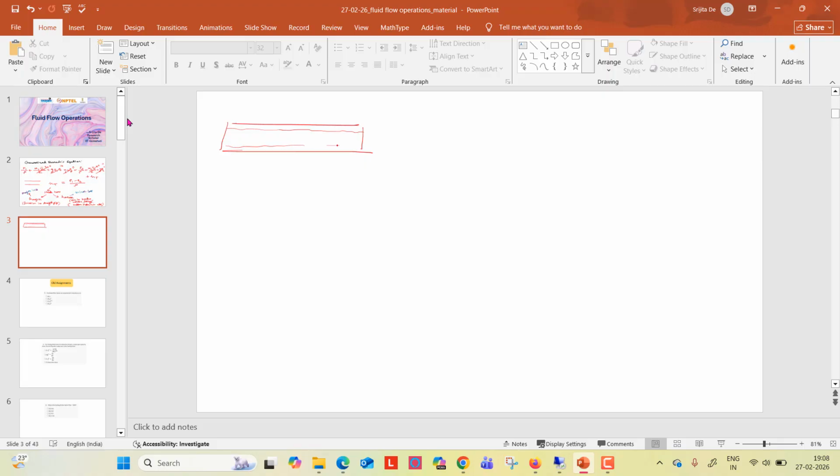And now we have made the exposed surface more rough, like this. So friction will be higher in this case, and that will lead to more head loss, right?